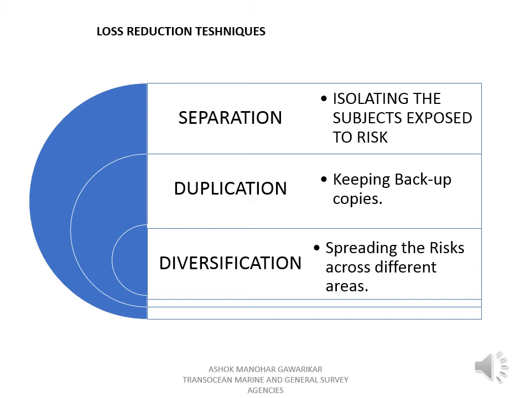I'll maintain a minimum inventory considering the reorder days and reorder level. I will not unnecessarily maintain a huge inventory, such that if there is a loss, it is going to have a lot of effect on me. So this is how I am trying to diversify. This is the spreading of risk across different areas to minimize the risk.